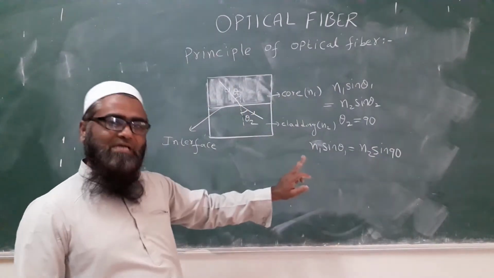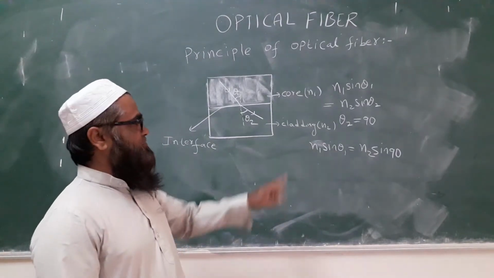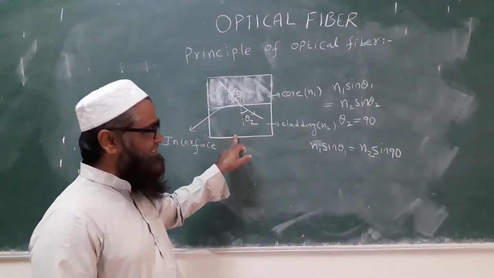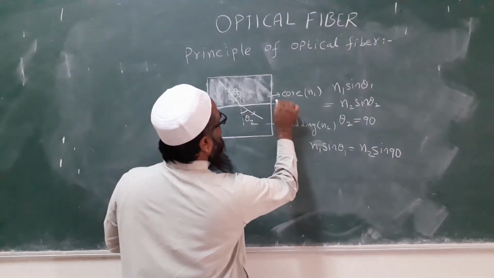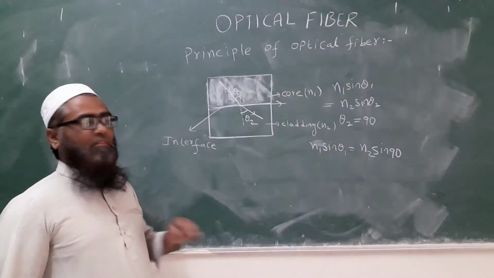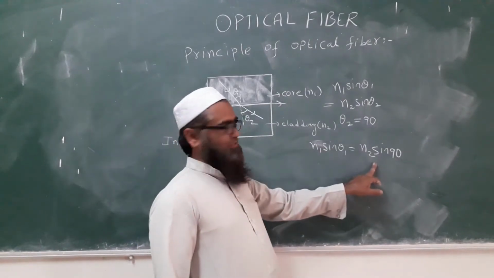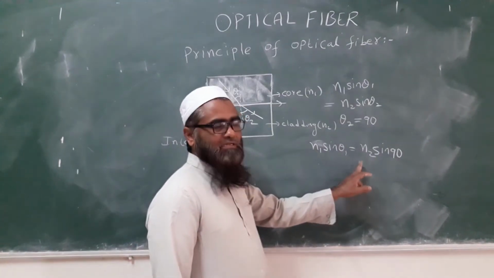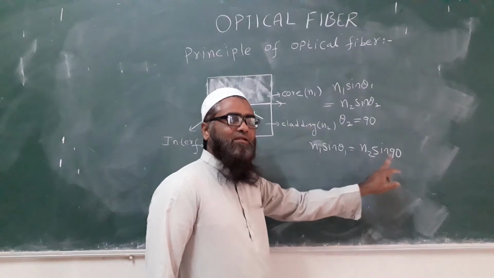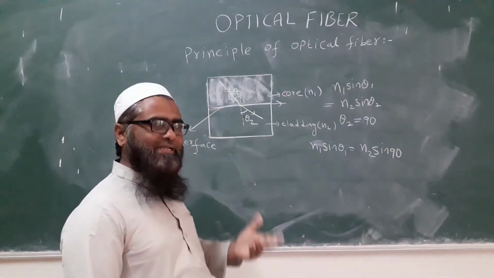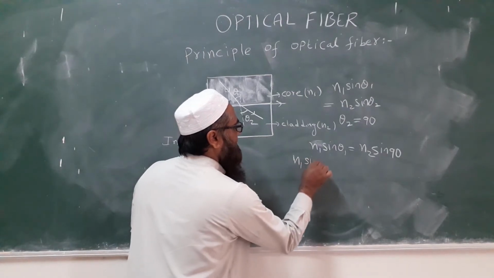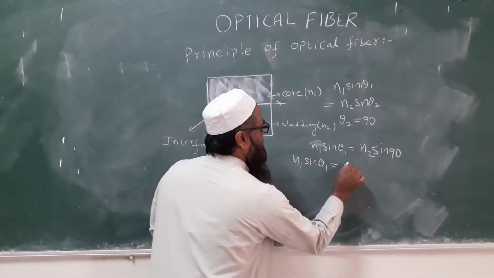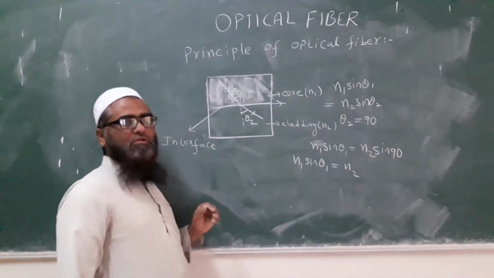As you know, sine 90 is equal to 1. So the equation is n1 sine theta 1 is equal to n2.